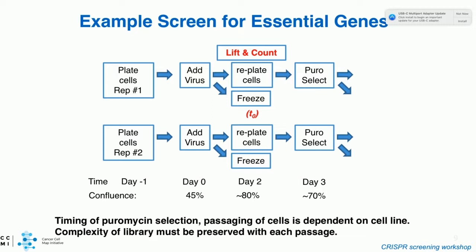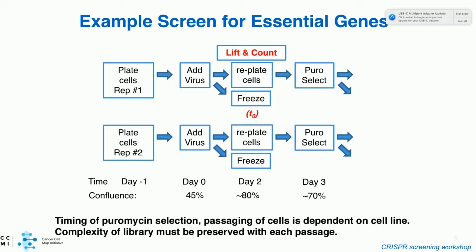Freezing the initial sample is very important because ultimately we want to know what enriches or depletes, and so the best comparison, in my opinion, is the time zero sample. You could argue that you could use just the representation of the library in the plasmid pool as the initial sample, but despite having a high titer virus, the process of integrating the library into the cells is somewhat random.